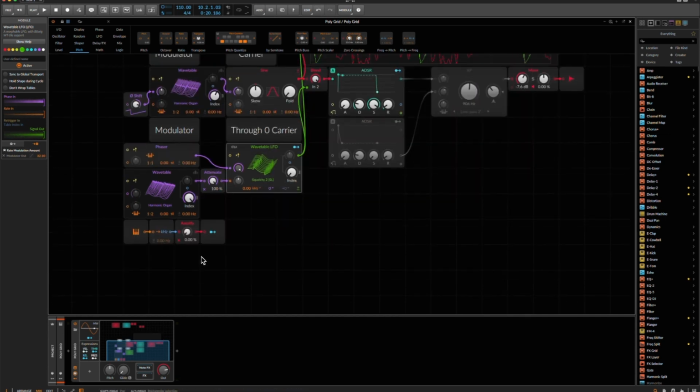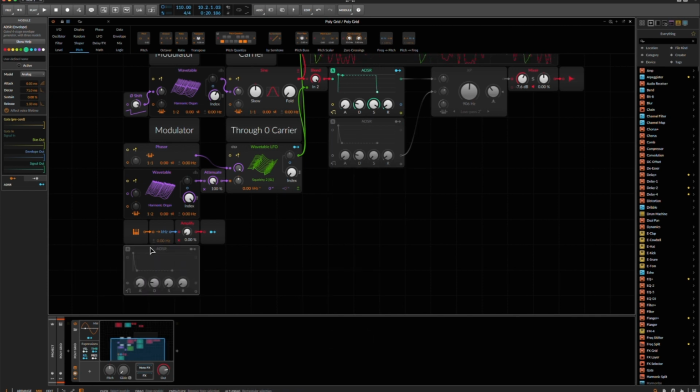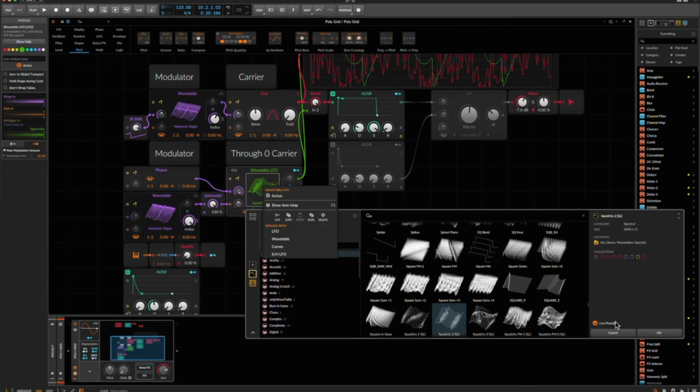And especially also, in general, frequency modulation usually involves some envelope or LFO, which controls the amplitude of modulation, like so, for example. Yeah, now it's a bit extreme because these two have a ton of overtones.